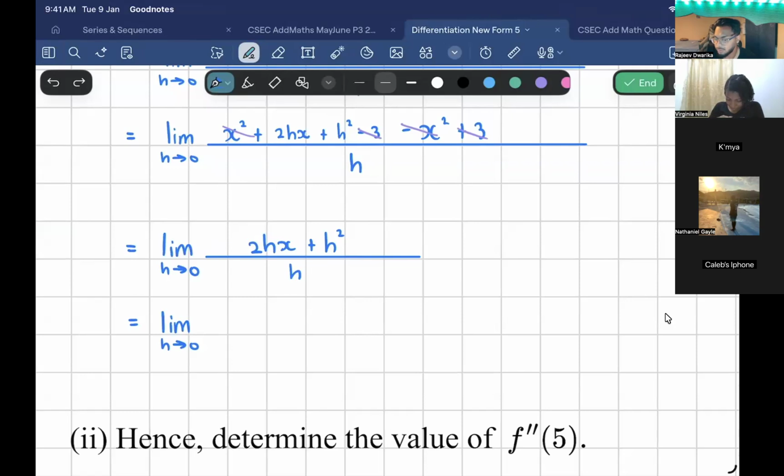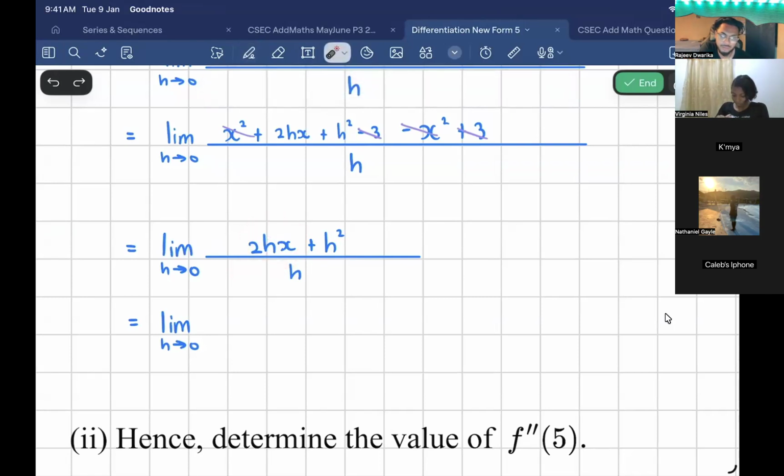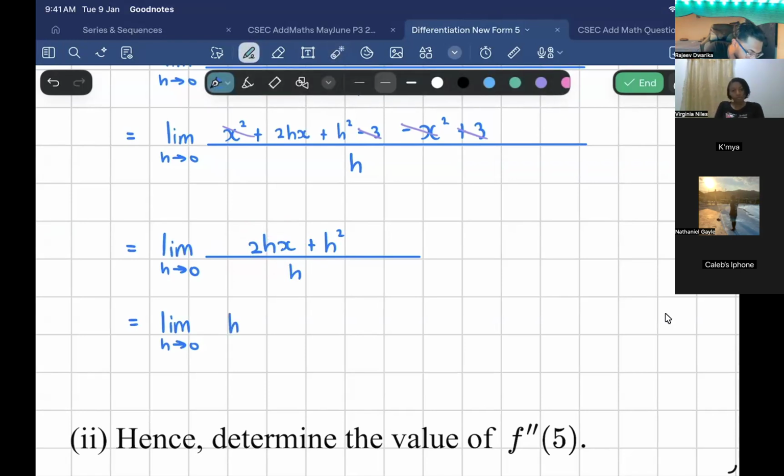Greatest common factor. Yeah, so we have to factorize using GCF. What's the greatest common factor? H squared is not the greatest common factor. I can't pull out h squared from this. Oh, it's h.